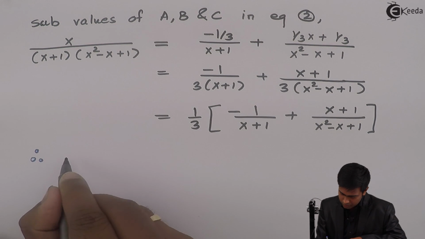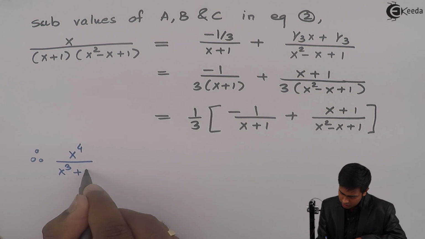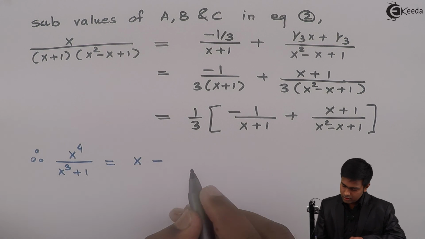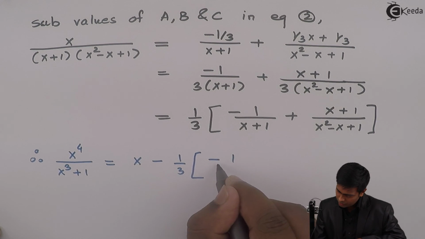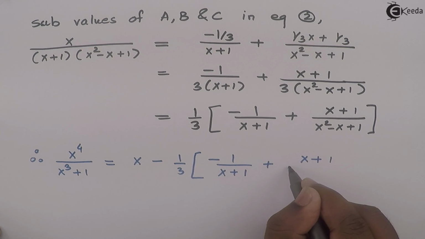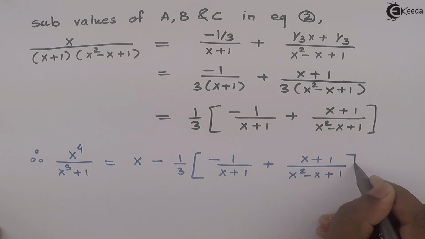So therefore, x raised to 4 upon x cube plus 1 will become x minus, the value is 1 by 3 in bracket minus 1 upon x plus 1 plus x plus 1 upon x square minus x plus 1.